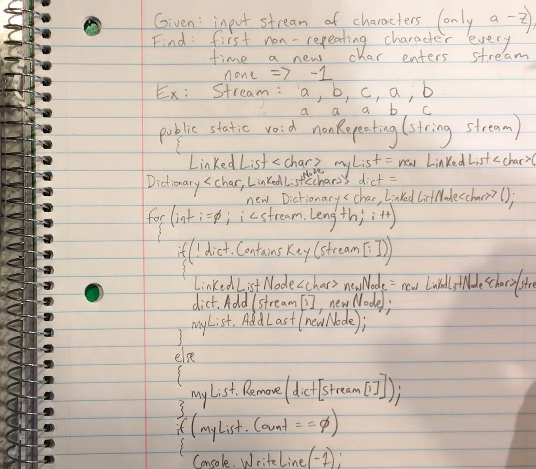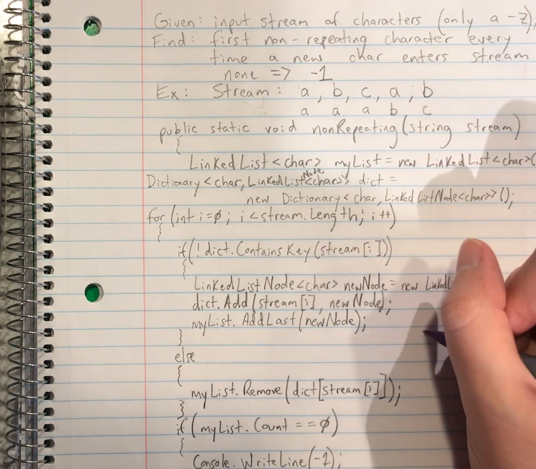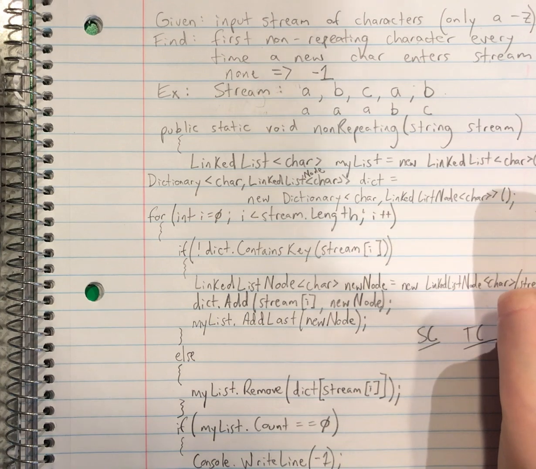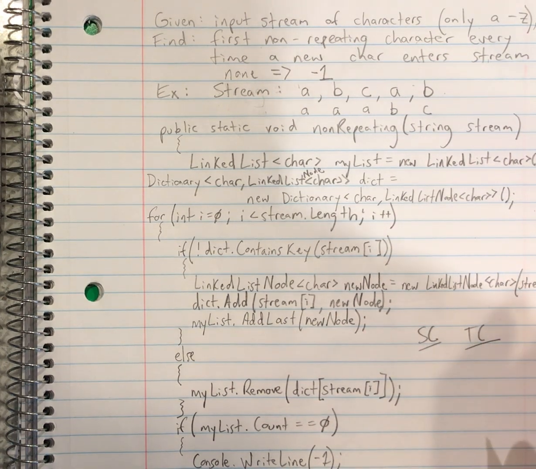Let's take a sample input stream and run through this, and then analyze the space complexity and time complexity. And then I'll also show you what's going on in the dictionary and in the doubly linked list.